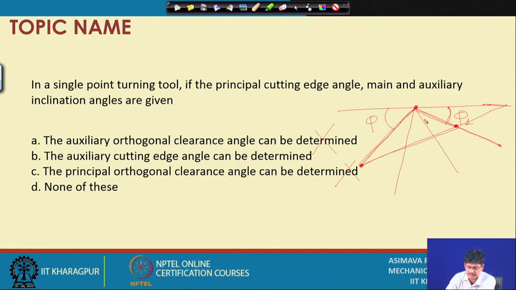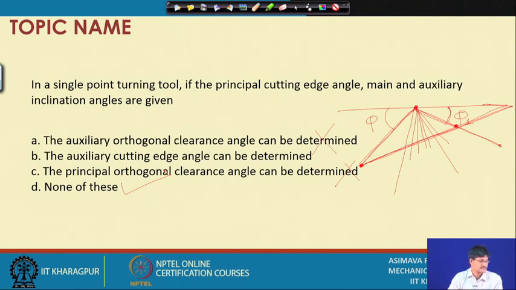Had I known the master line, I could have shifted along the master line and got different angles, but the master line in the first place is not known. So, the answer will be none of these.